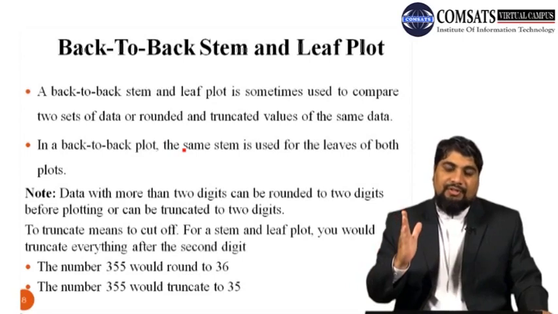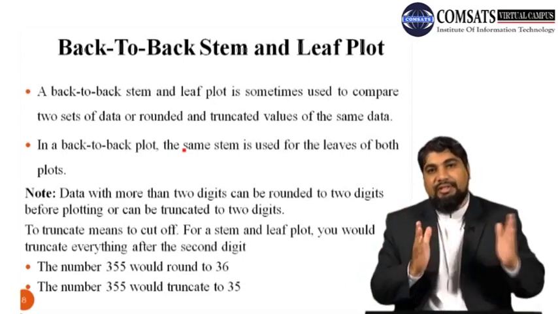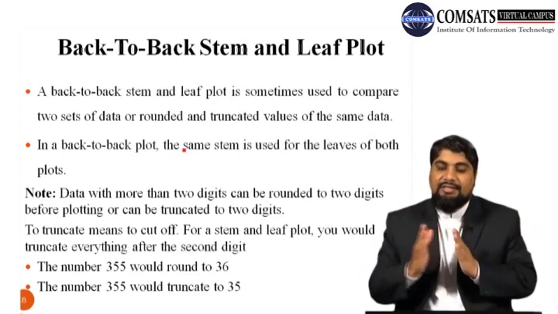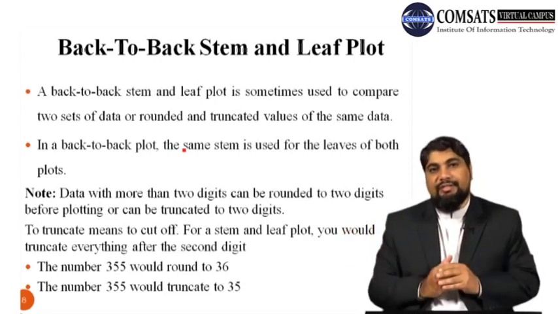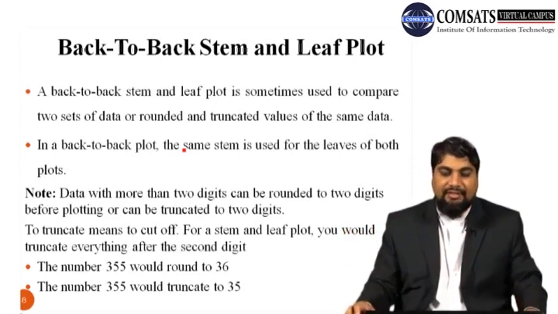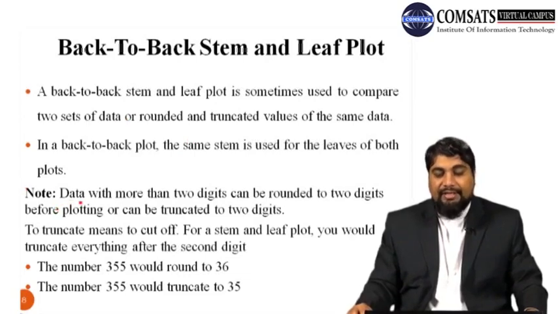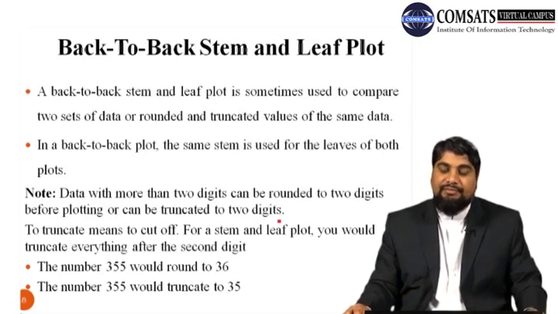So we have one stem. On one side we will put the rounded numbers, on the other side we will put the truncated numbers. So that's why it is called a back-to-back plot. Note that data with more than 2 digits can be rounded to 2 digits before plotting, or it can be truncated to 2 digits before plotting.